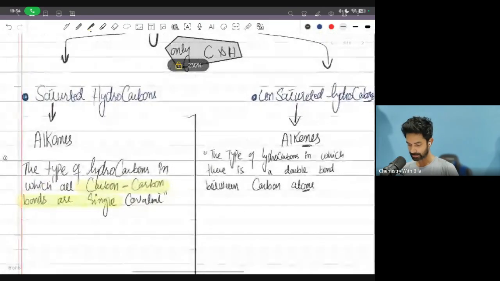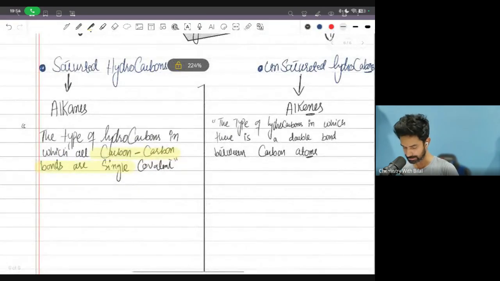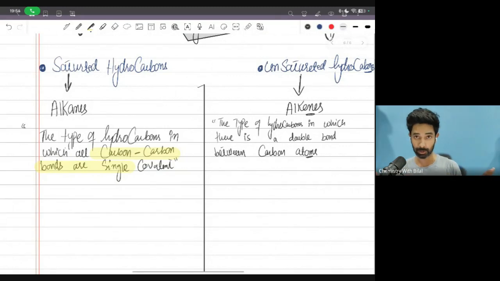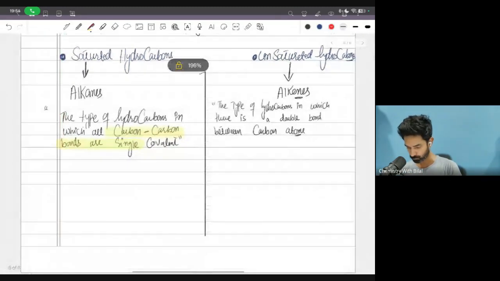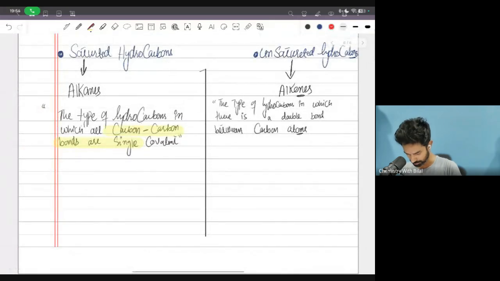Now, the key difference between alkane and alkene is that in alkane all are single bonded. In alkene, there has to be one double bond. They are called saturated. They are called unsaturated.